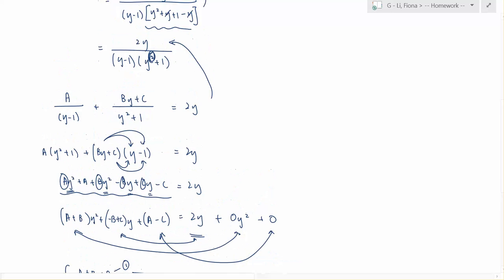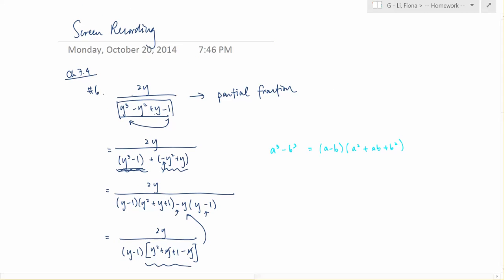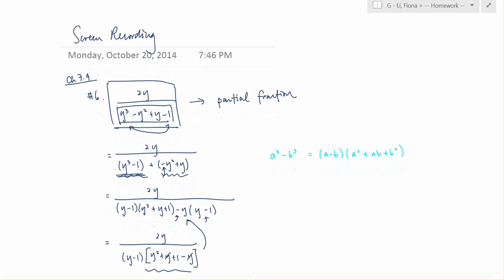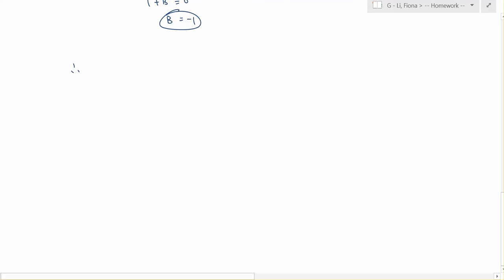So back to the question, we're asked to represent our terrible looking fraction into a partial fraction so we can integrate it afterwards. And so let's copy the question down below. So it's 2y over y cubed minus y squared plus y minus 1.